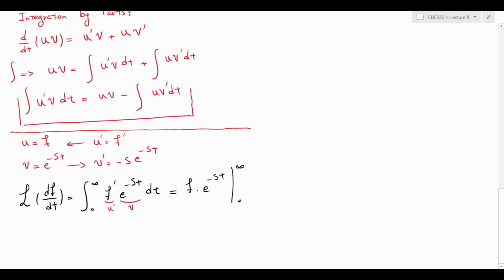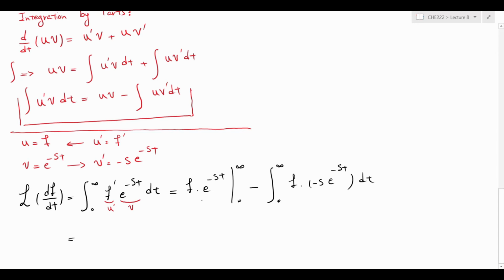Just remember, when I put infinity in here, it's actually a limit, but for simplicity, I show it like this. Minus the integral from 0 to infinity of u, which is f, times v prime, which is minus s, times e to the power of minus st dt.